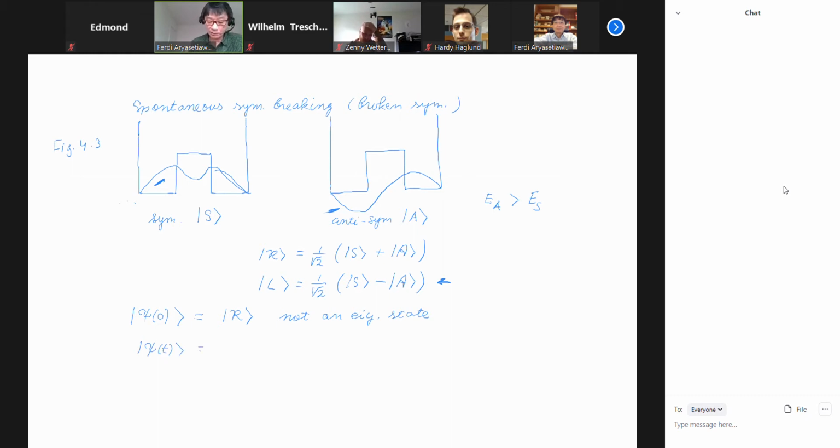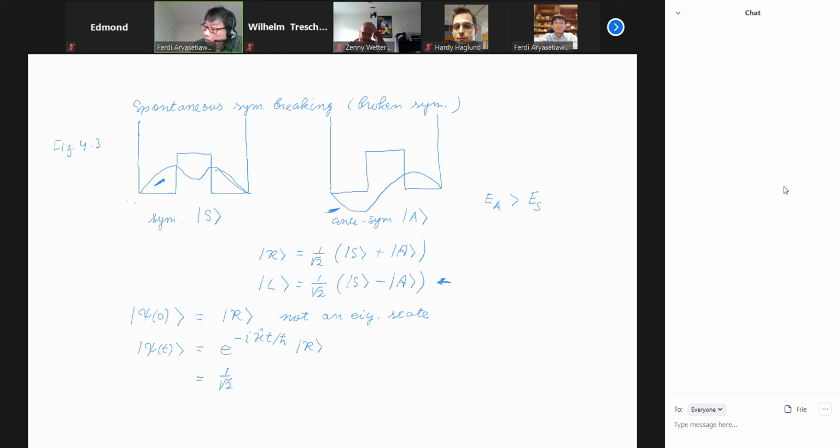Then we use the time evolution operator. This is an example that the time evolution operator is rather useful, because we just apply the time evolution operator on the state. That gives you the time development of the state.